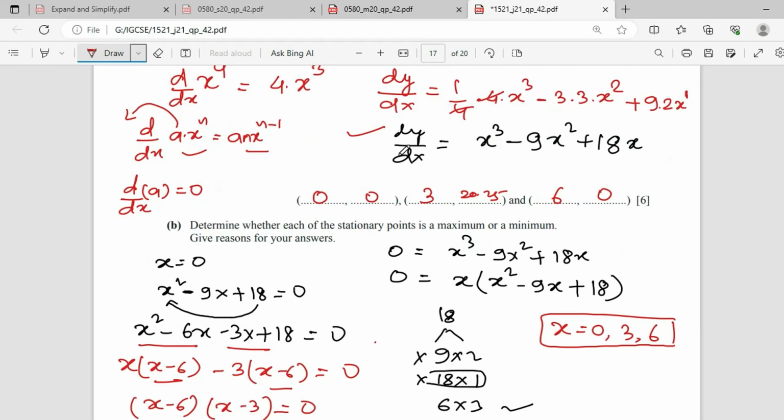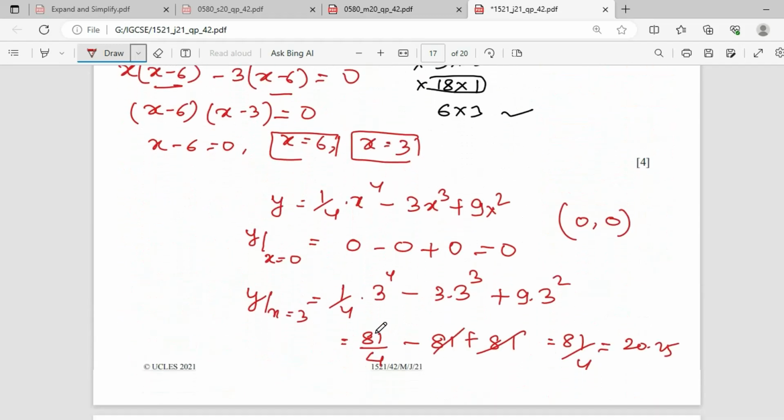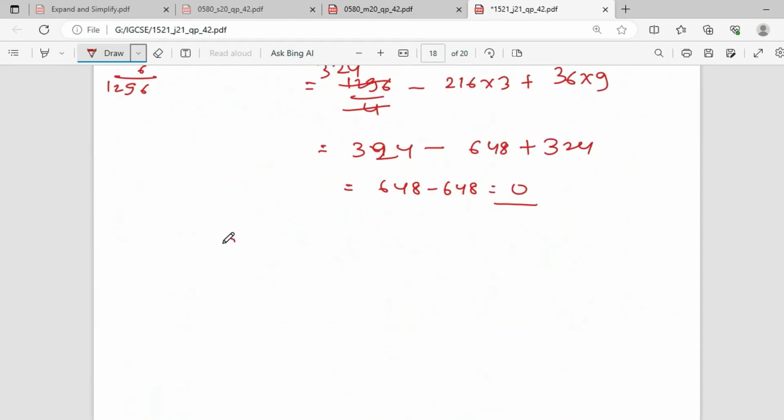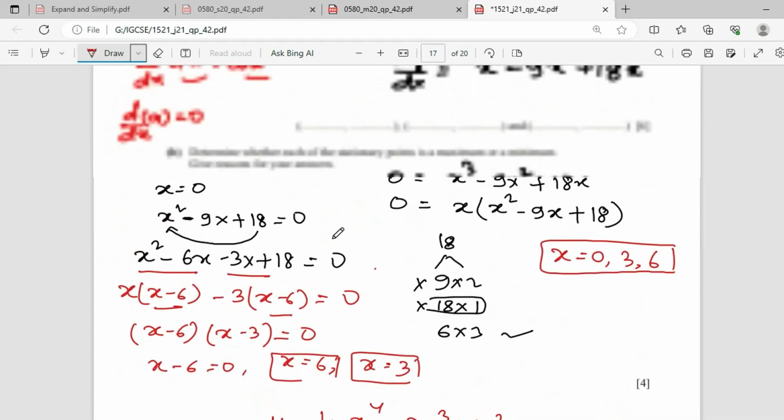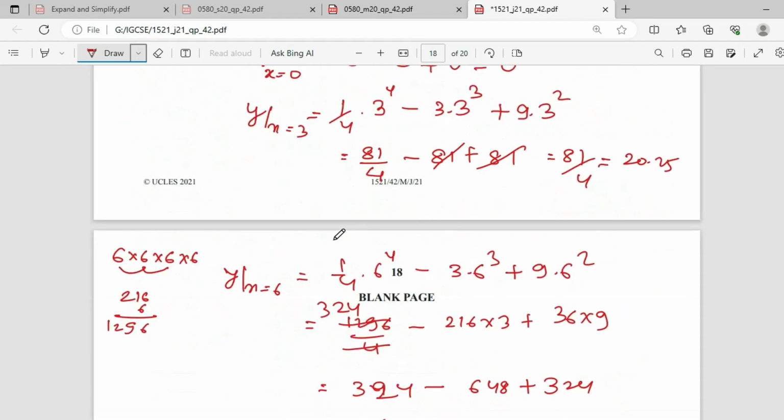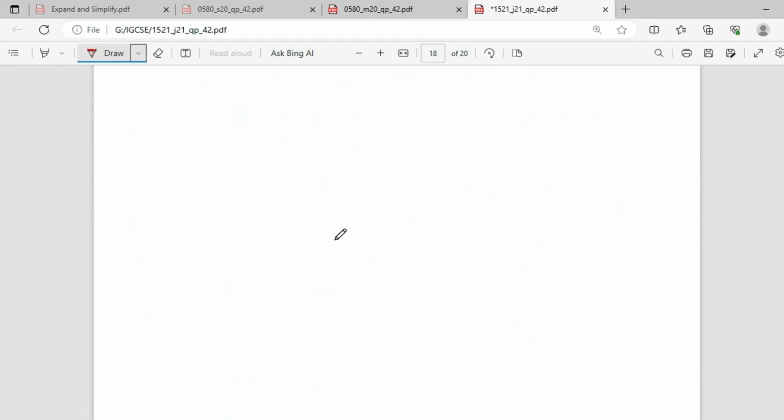So dy by dx is x cube minus 9x square plus 18x.